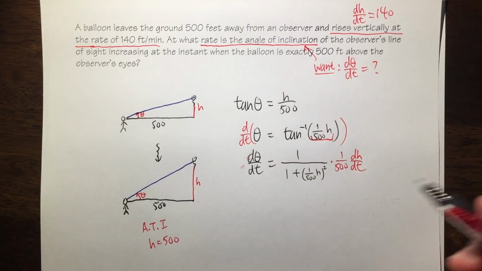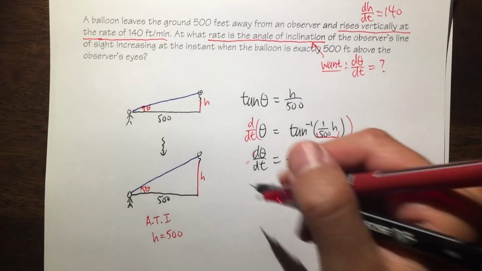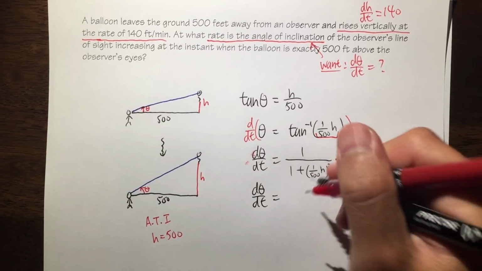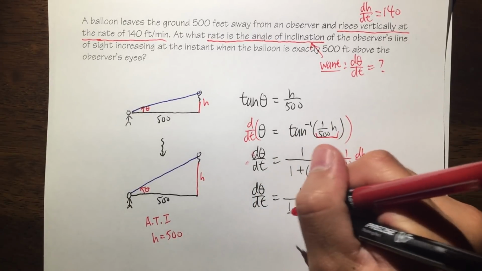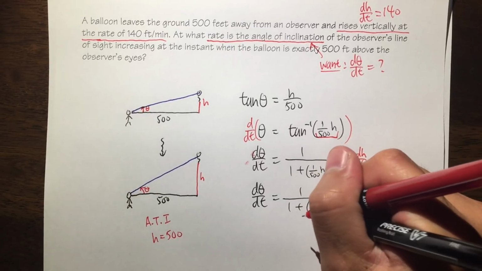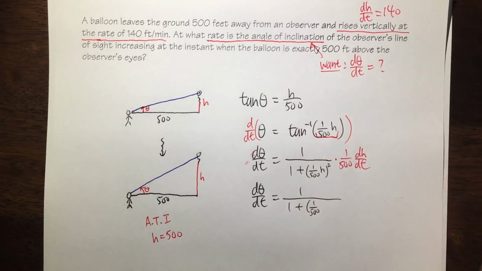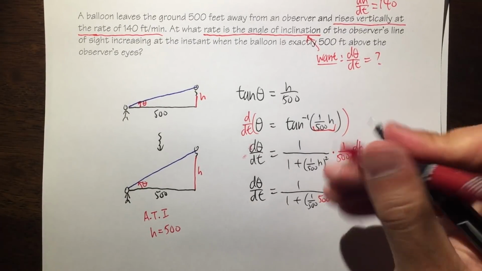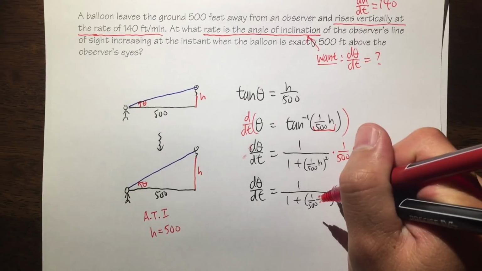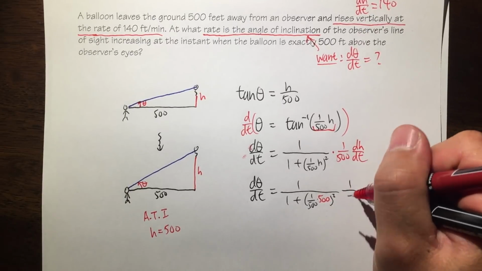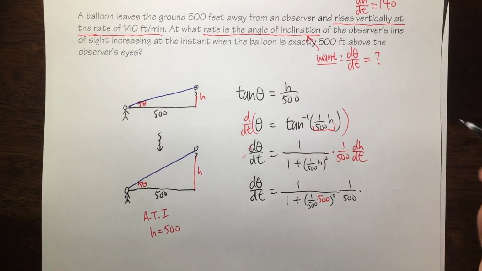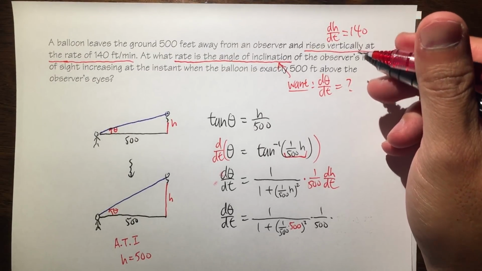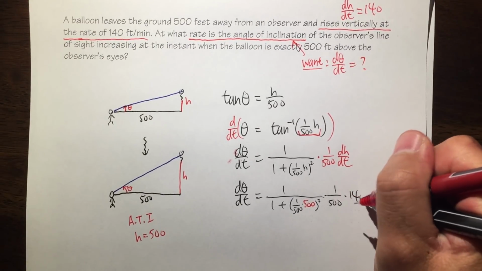So that's pretty much it, and we just have to plug in some numbers. dθ/dt is equal to 1 over 1 plus (1/500 times h), and h is nicely equal to 500, so we put that in and square it, and then we have another 1 over 500, and dh/dt was given to be 140, so we multiply by 140.